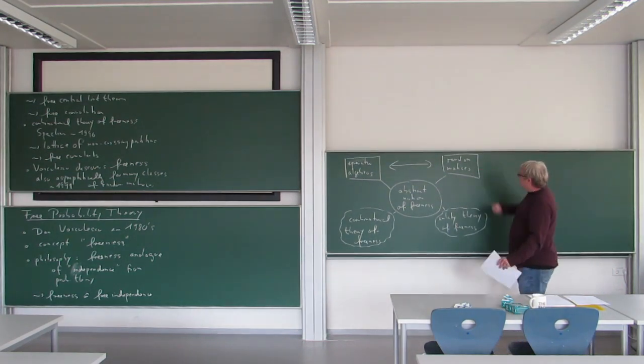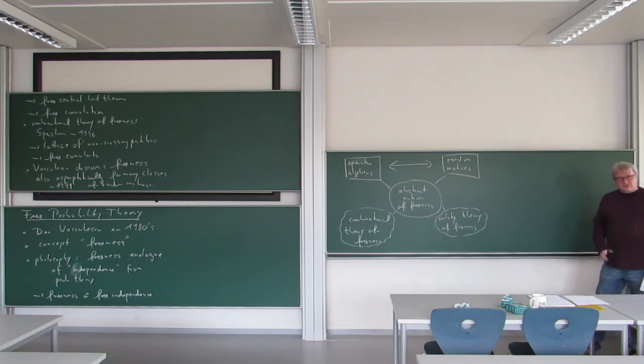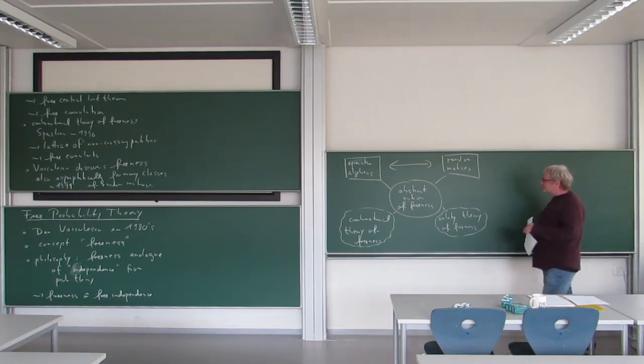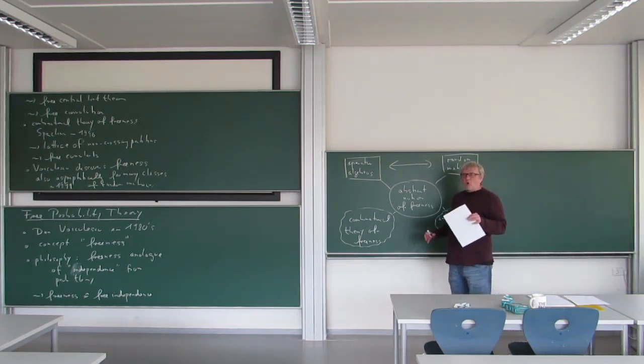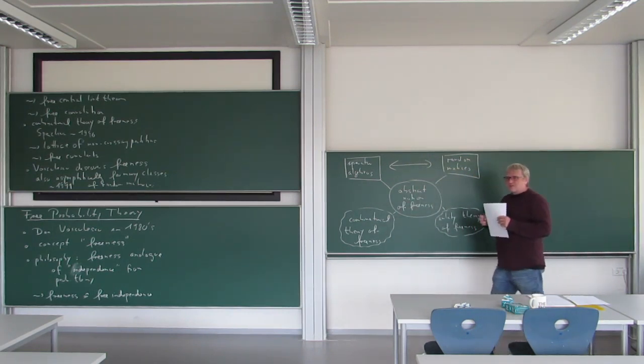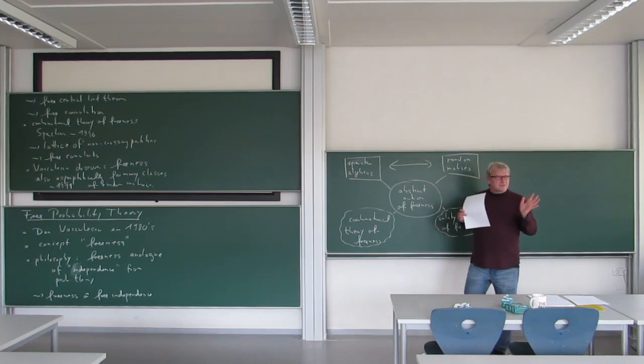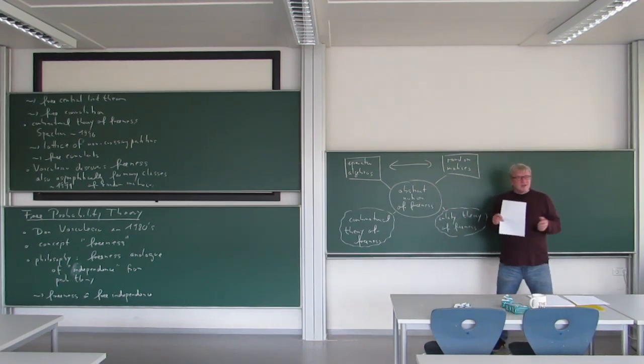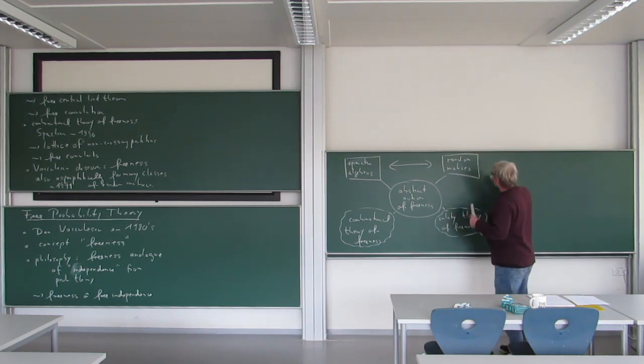Okay, and maybe let me say for random matrices, the connection to random matrices opens a whole new world for free probability theory, because random matrices are applied in many different subjects. And in those subjects, methods of free probability theory have also become important.